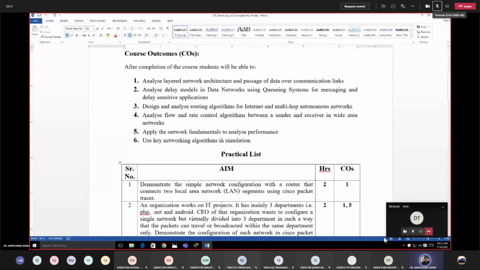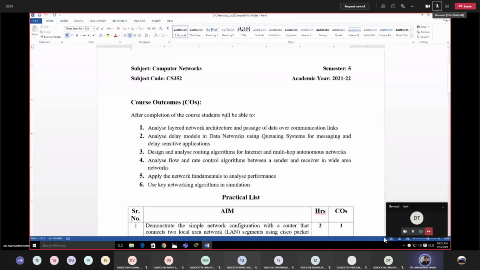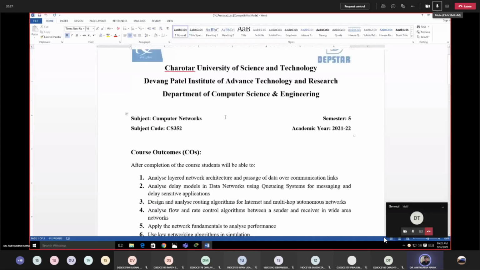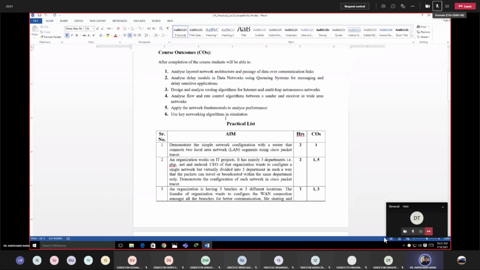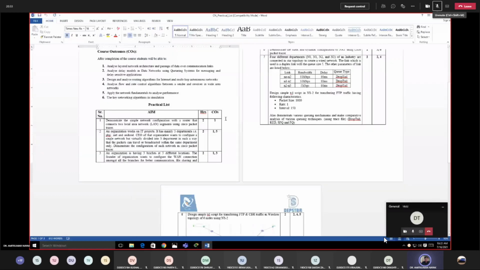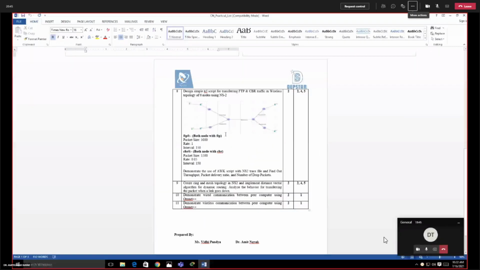If you go through the practical list, I hope that it is visible to all of you. We have kept Cisco Packet Tracer Network Simulator, then NS2 Network Simulator, as well as Omnet++ Network Simulator available in our practical list.